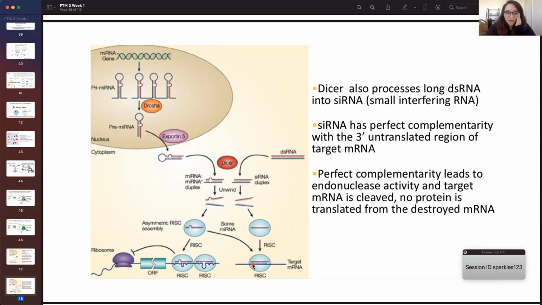And because it's perfect complementation, that's when you can say that it's going to have endonuclease activity, and that's going to get cleaved and destroyed. So you're never going to be able to unbind it and translate that sequence because you are degrading it.